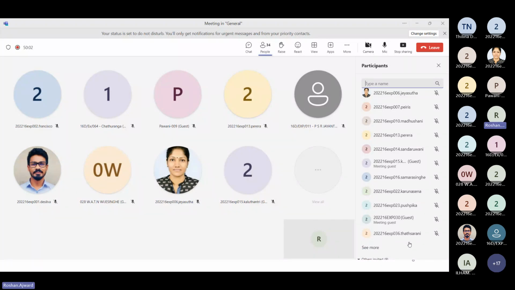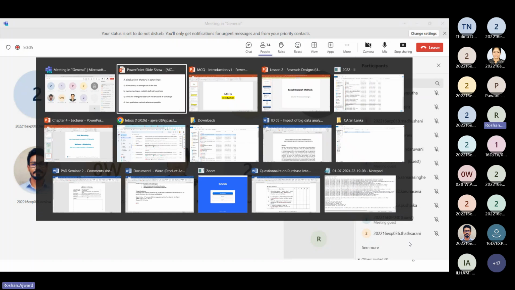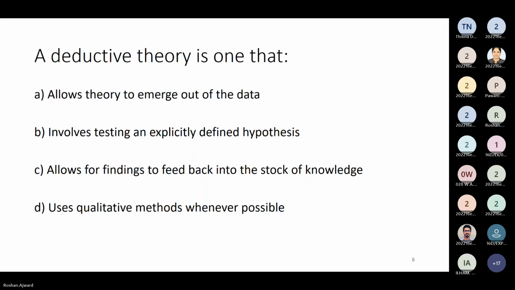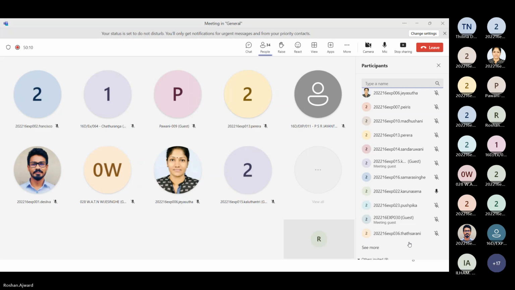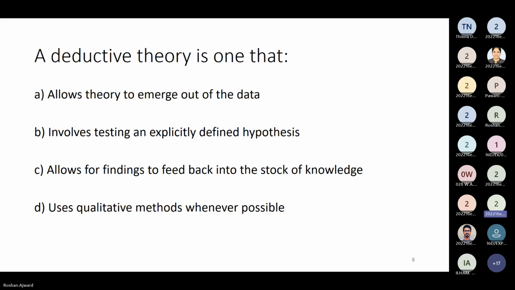We have another student, Karunasena, number 22. Karunasena, what do you think is the answer? Extremely sorry, sir. Actually, as a foreign student, I am joining from office. Which country are you from? I'm joining from Dubai, sir. Dubai, my God. Now the time should be, what's the time there? 5:40, but 1.5 hour difference.